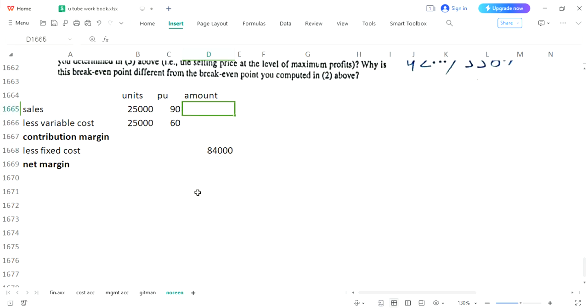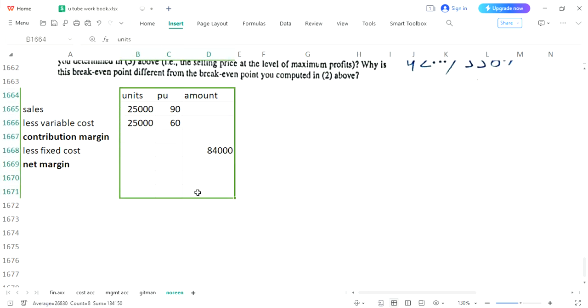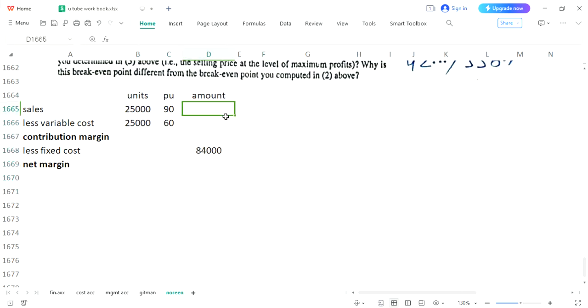We can calculate sales, we can calculate variable cost, and in a similar way we can reach net margin as well. You have a better idea how to calculate the amount for sales, as units and per unit are available in the question. To calculate sales, you multiply units by per unit: 25,000 units multiplied by 90 per unit.